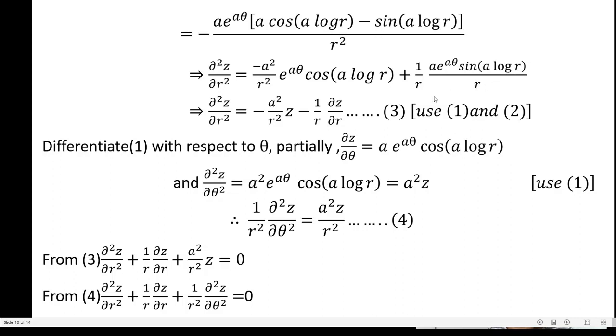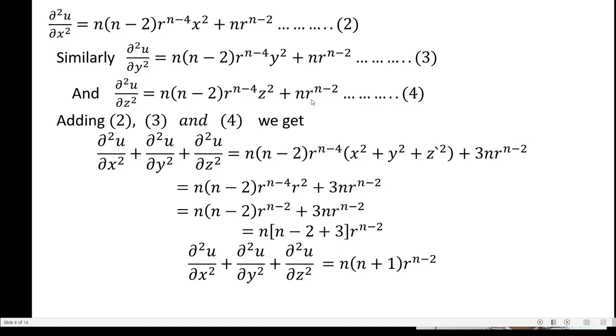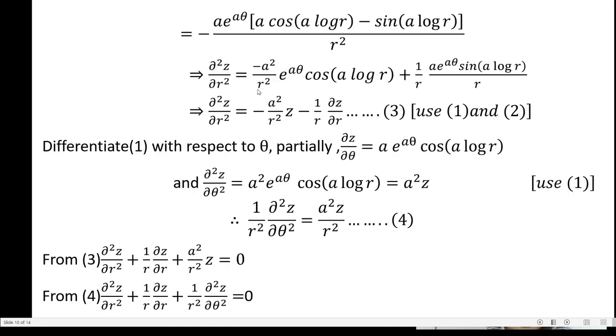I write the 1 by r² as 1 by r into this one. Using equations 1 and 2, e^(aθ) cos(a log r) is z, and a e^(aθ) sin(a log r) divided by r with a minus sign is ∂z/∂r. Therefore, we have minus a² by r² into z, minus 1 by r into ∂z/∂r. Okay, next, this is ∂²z/∂r². Consider this as equation 3.